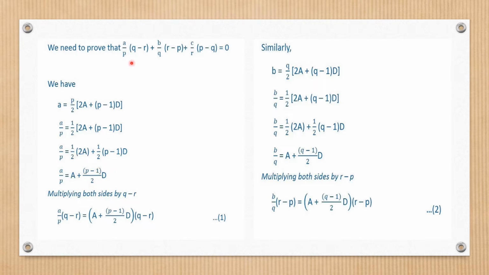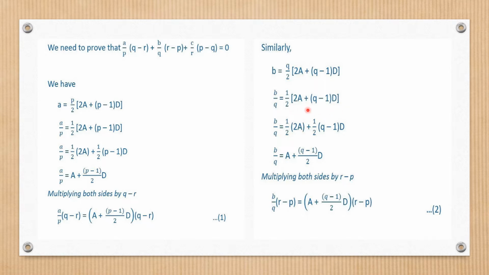Okay, now I need to multiply it with q minus r. So I'll multiply both sides by q minus r. What will I get? It is (A plus (p minus 1) by 2 D) multiplied by this. Okay, so this we will work out later. Similarly for b, take this q to the denominator, so b by q is half of this.